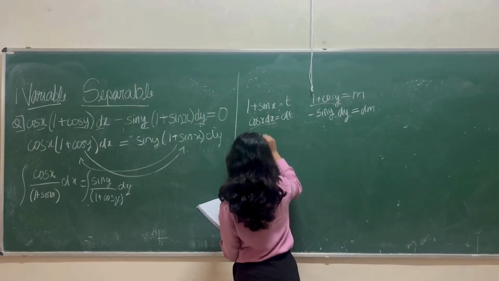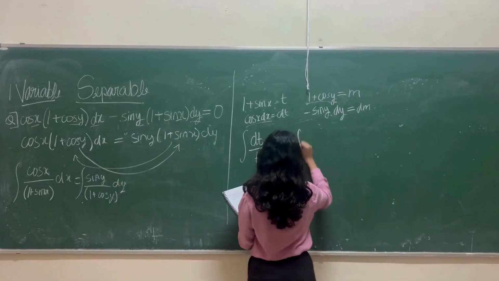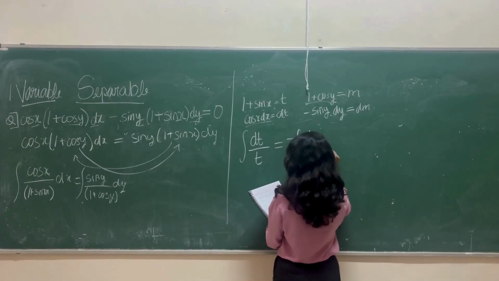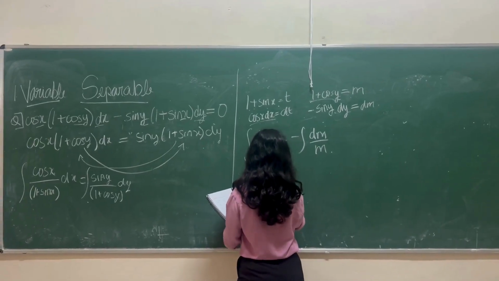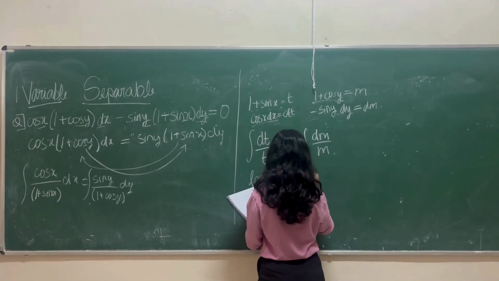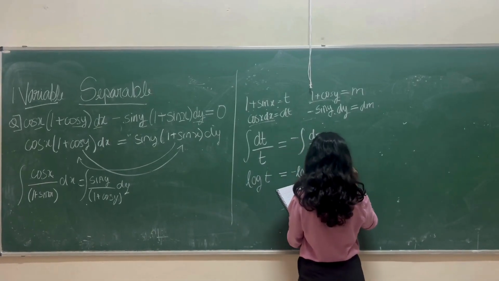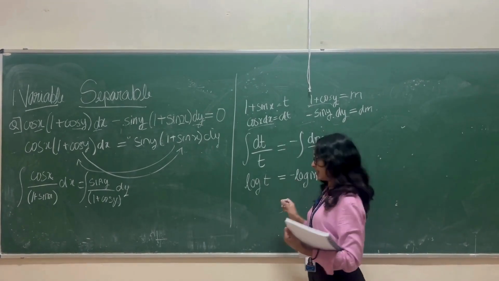So it becomes integral of dt divided by t is equal to minus integral of dm divided by m. Now this is log t is equal to minus log m plus log c. Let us keep in mind our properties of logarithms.